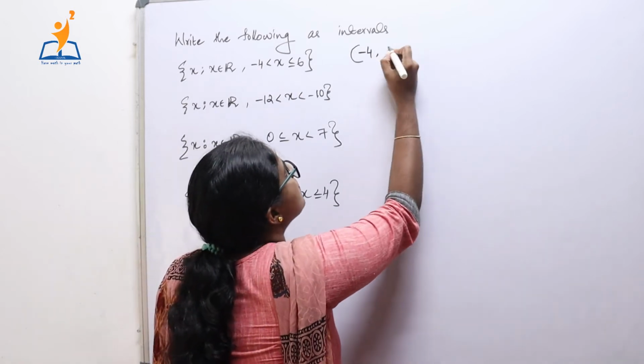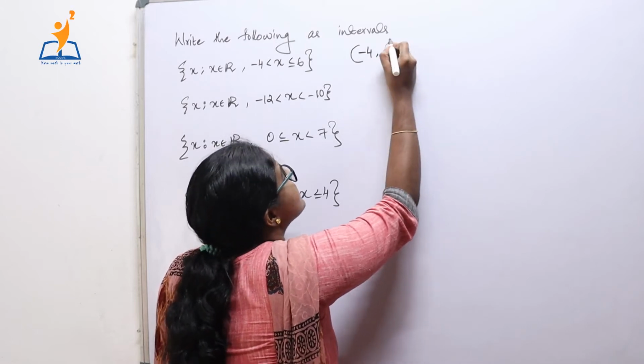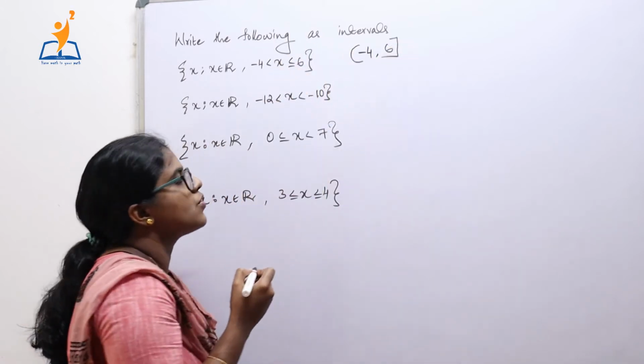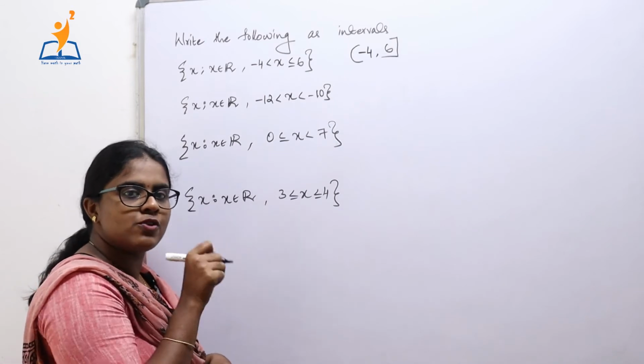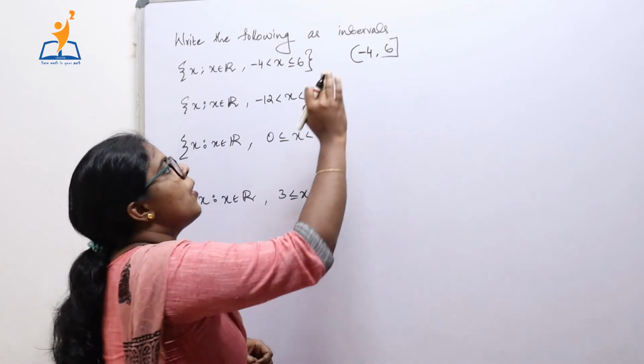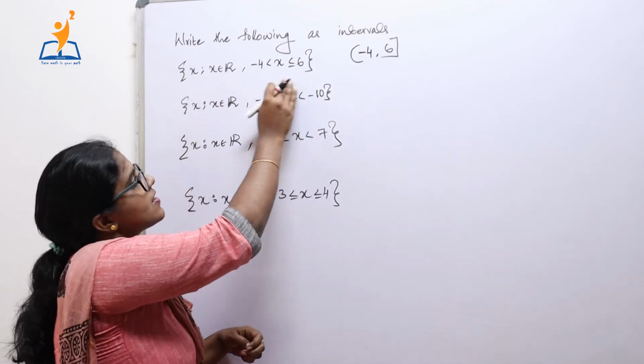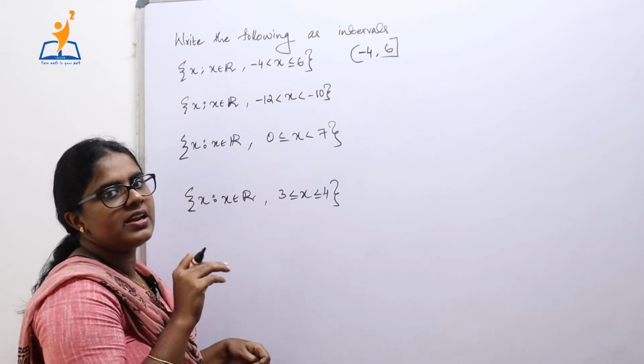Again 6 is included, so we will close the bracket using a square bracket, that is, closed at 6. So open -4, closed 6 is the interval corresponding to this particular set.